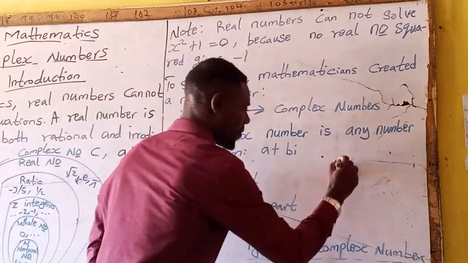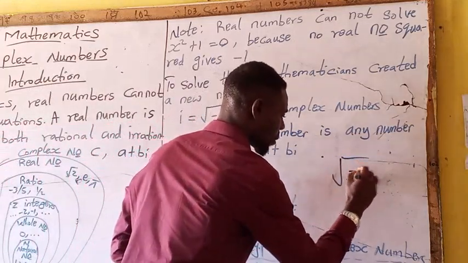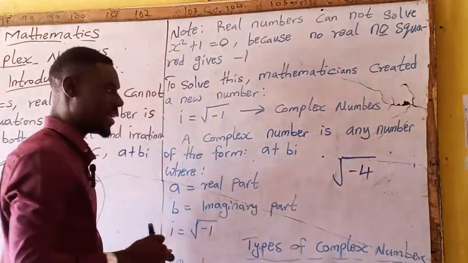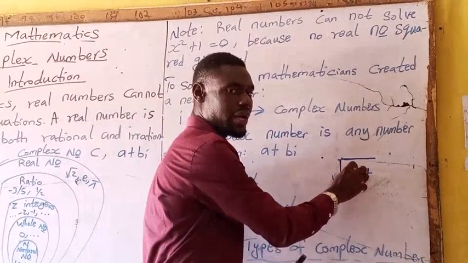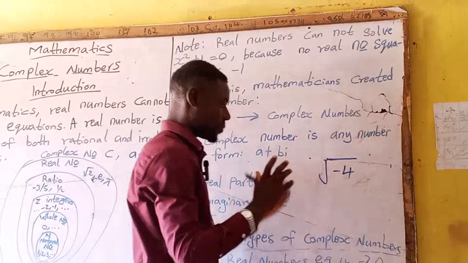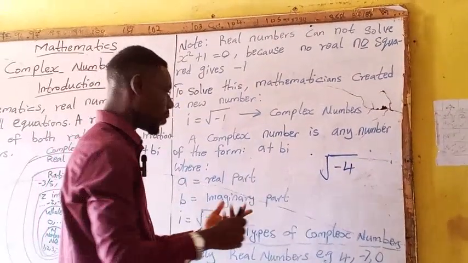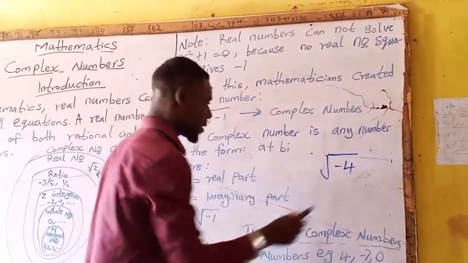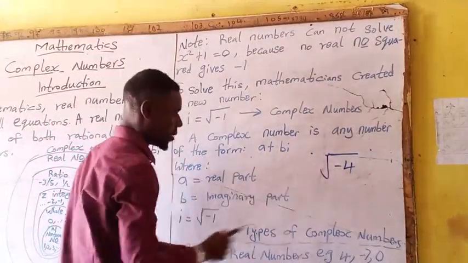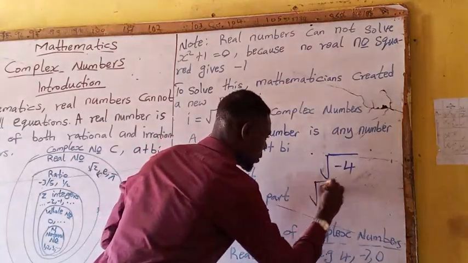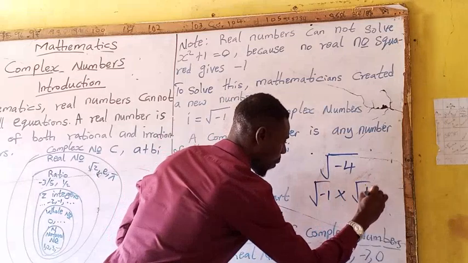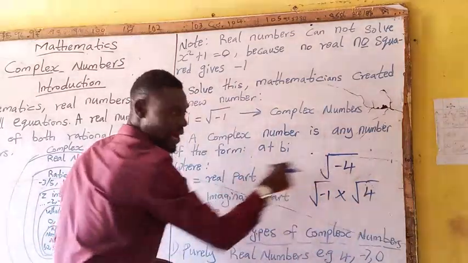For example, if I have root minus 4, are you observing? Root minus 4. You know that normally without this negative value, I can easily get root 4 to give me 2. But what do we do in this kind of context? We know that for this negative value to go away, you will have something like this. Root minus 1 times root 4 will give us this value here.